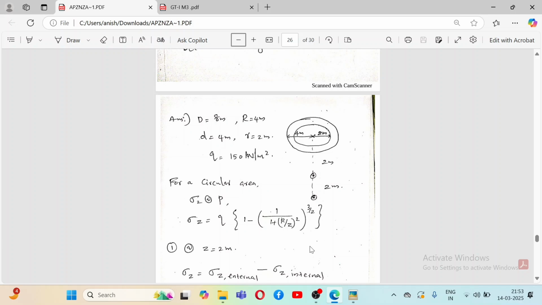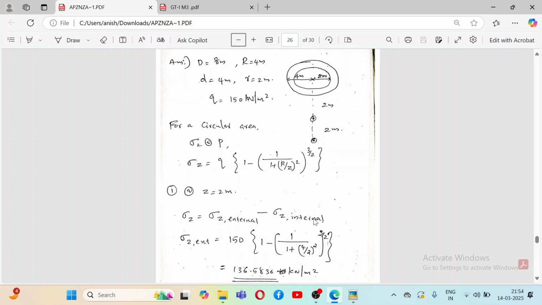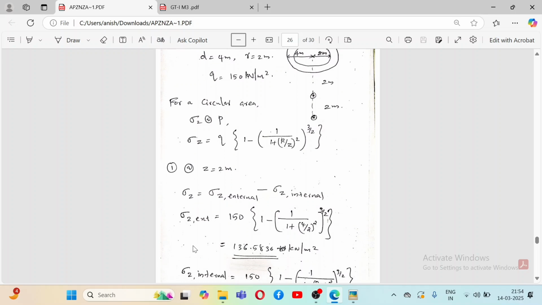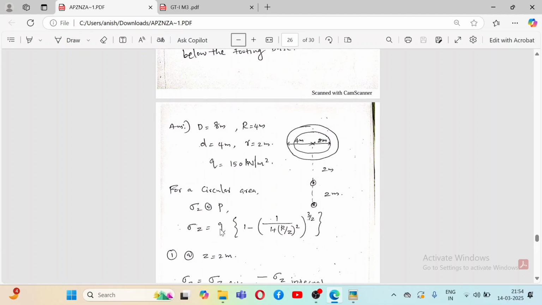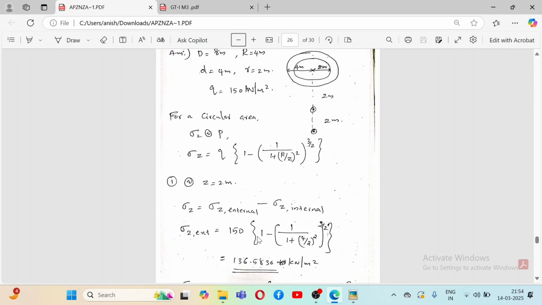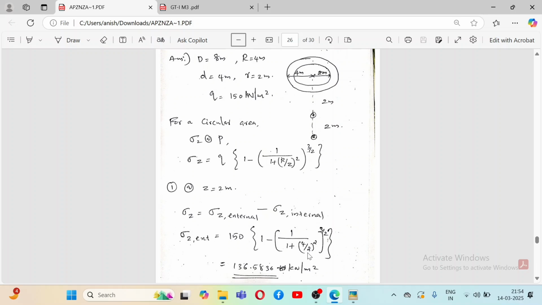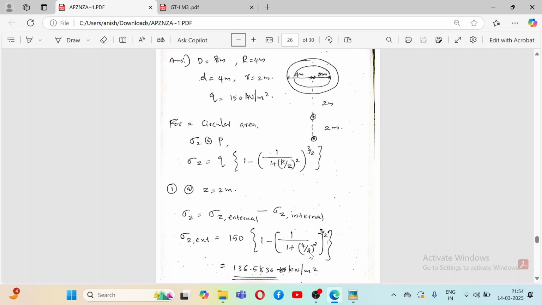So what do you have to find? Stress first at 2 meter. Right. So vertical stress is equal to stress at external minus stress at internal. So first, stress at external. What is the load given here? 150 kilonewton per meter square multiplied by 1 minus 1 by 1 plus R by z. What is R given here? 4. 4 divided by 2 whole square to the power 3 by 2.